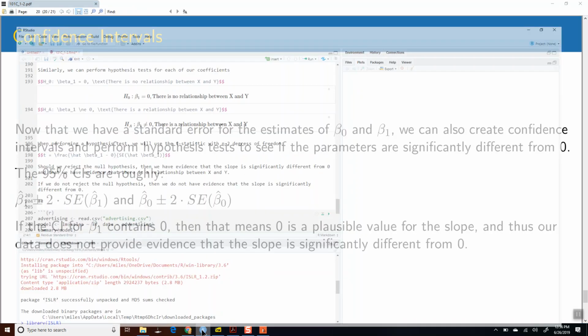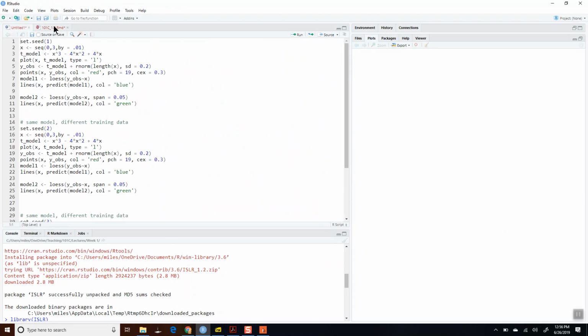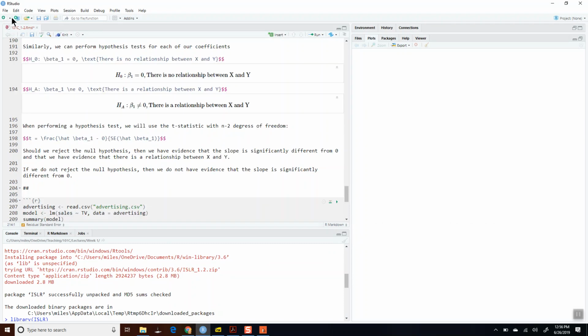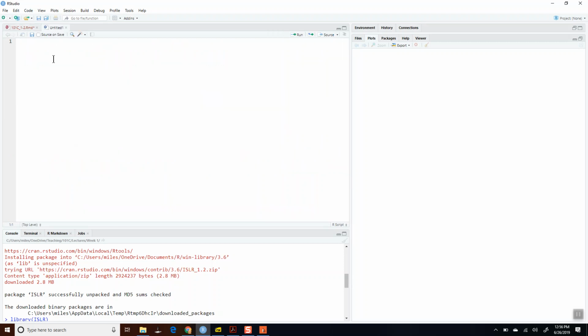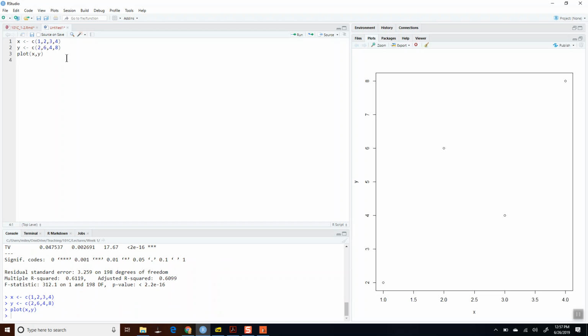So, you know, one example I like to do: all right, so if x is 1, 2, 3, and 4, and y is 2, 6, 4, and 8, okay? And if I plot x and y, let's go ahead and do aspect ratio equals 1.